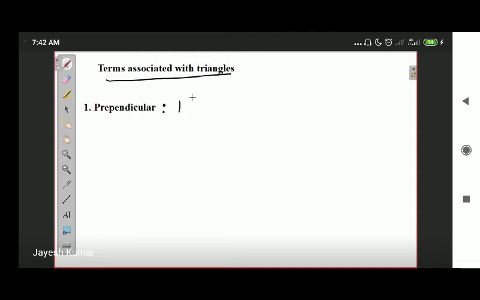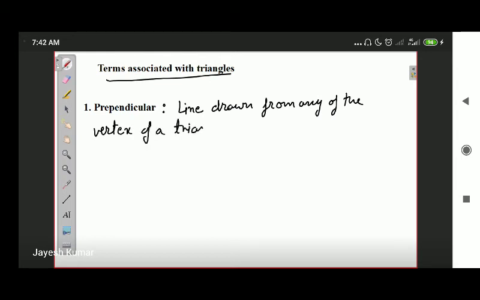Let us write it down. A line drawn from any of the vertices of a triangle, which makes an angle of 90 degrees with the opposite side.